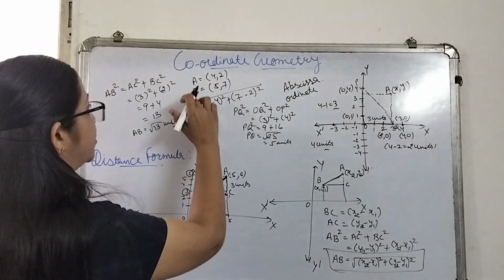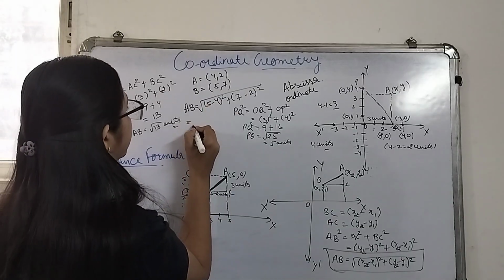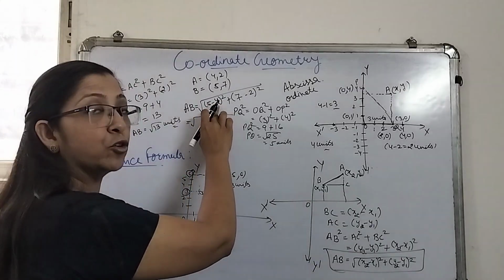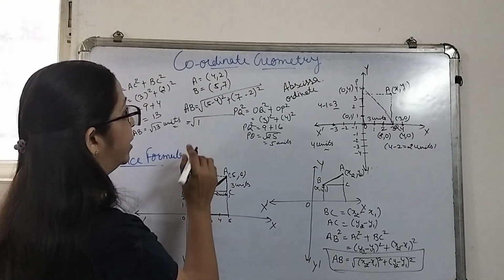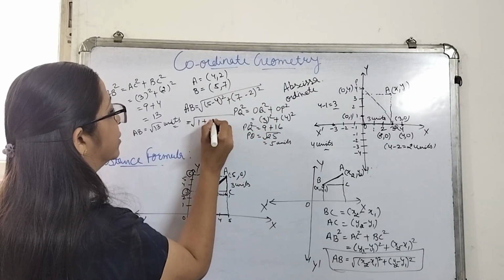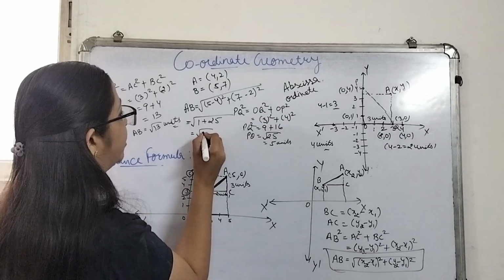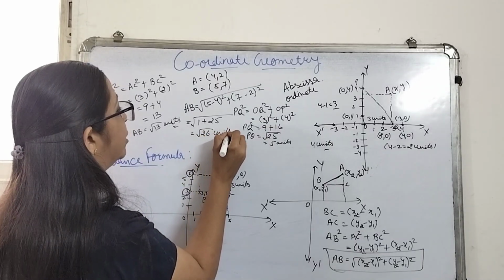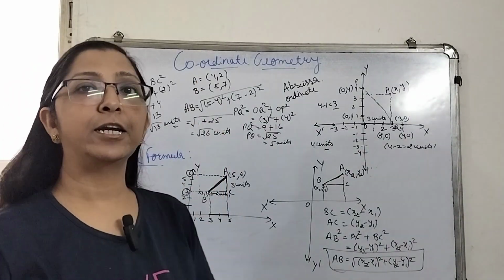We can solve it further. 5 minus 4 is 1, and the square of 1 is 1 only. 7 minus 2 is 5, and 5 square is 25. So root of 26 units will be the distance between A and B.